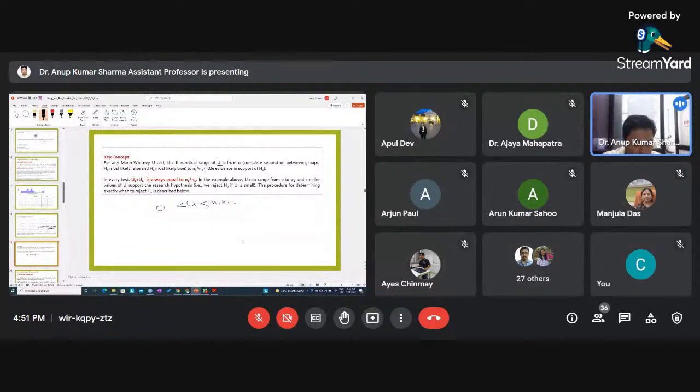U1 plus U2 is always N1 times N2, so the value is a minimum of 0 and a maximum of N1 times N2. For this problem the range is 0 to 25, because 5 times 5 is 25. We reject H naught if U is small, but when comparing to the critical value, we actually get the rejecting or accepting decision.